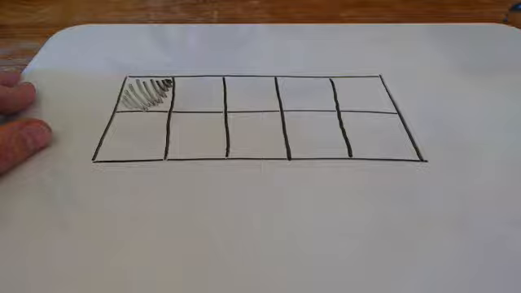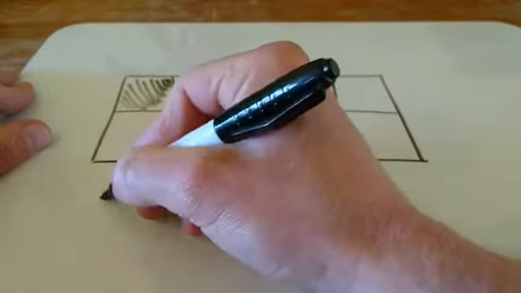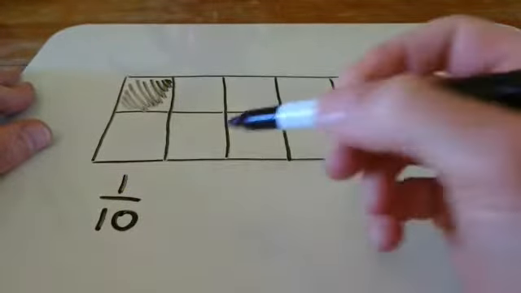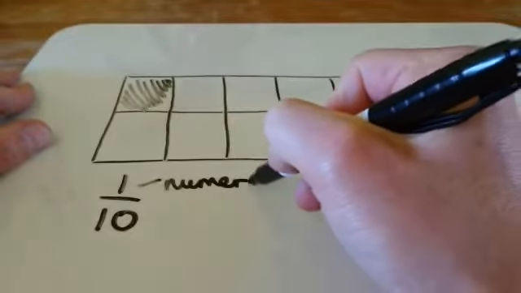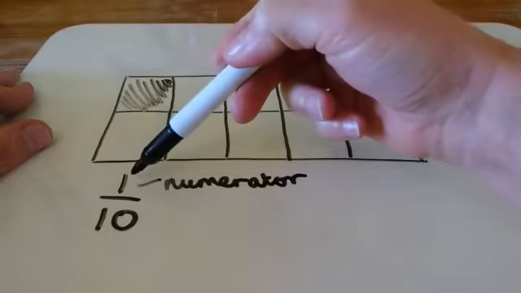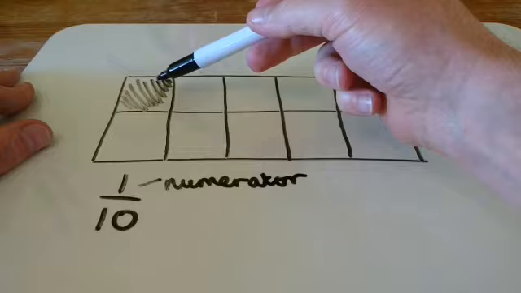And when we write our fraction, we write it like this. Okay, our numerator here tells us how much I've coloured in. I've got 1 as my numerator, I've coloured in 1 piece.